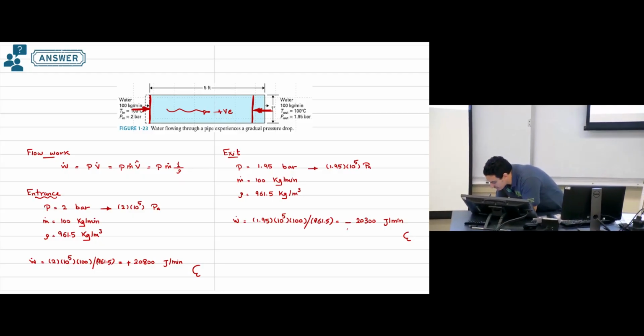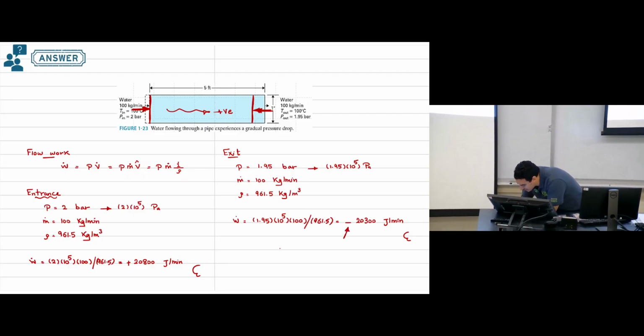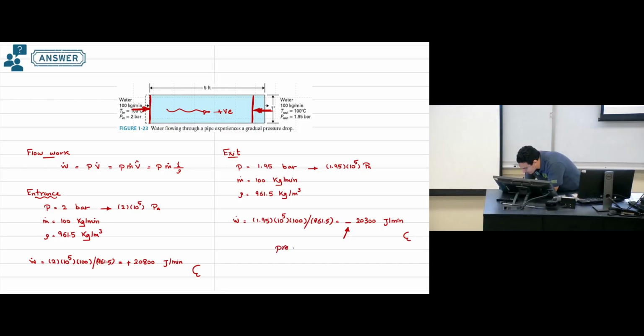This negative sign indicates that the applied pressure direction at the outlet is opposite to the flow direction.